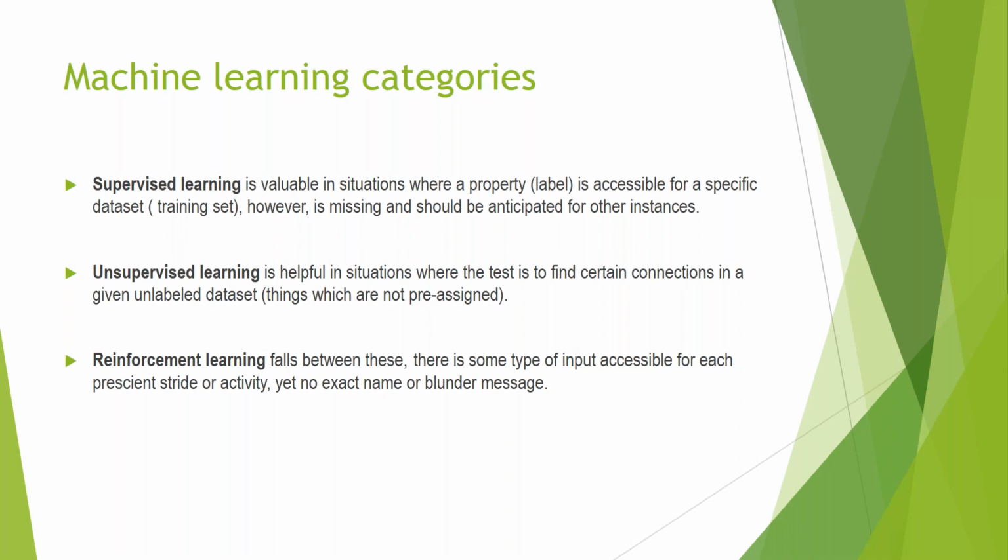The predictors will be independent variables. Using these sets of variables, we generate a function that maps inputs to desired outputs. The training process continues until the model achieves a desired level of accuracy on the training data. Examples of supervised learning are regression, decision tree, random forest, KNN, and logistic regression, etc.